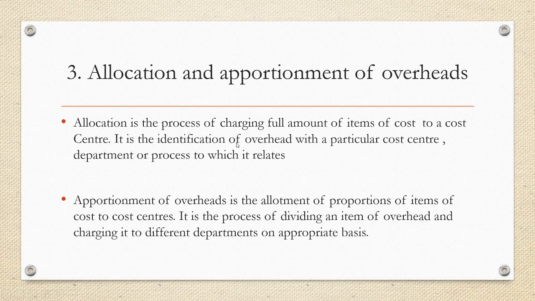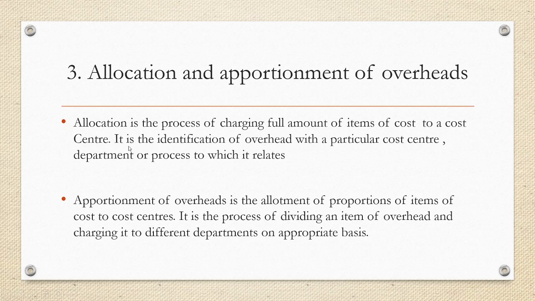Now there is an expense of power. In that case, the power is used only by the production department. So the full power charges, the expenses incurred on power, are given to the production department only. That is known as allocation. So allocation is the process of charging the full amount of items of cost to a cost center.